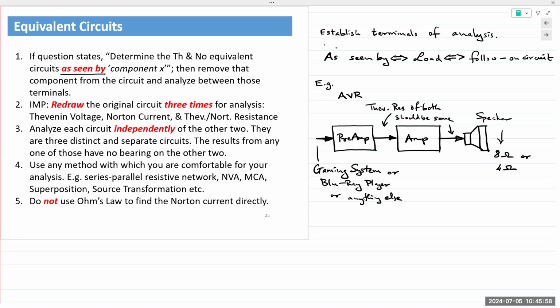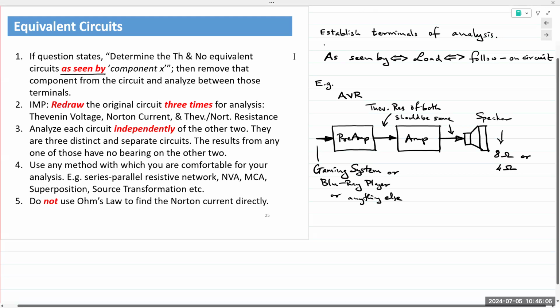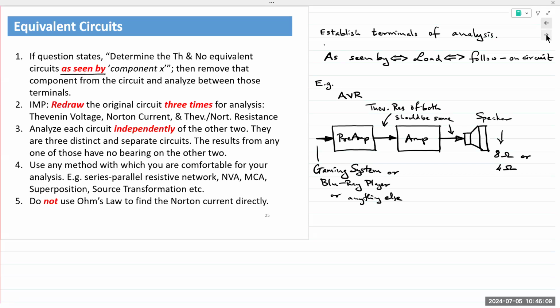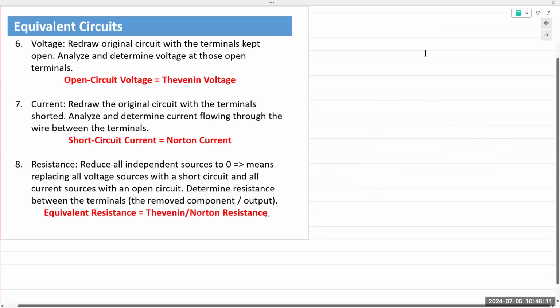Now, this is of course real life. Coming back to our theory, the way we determine the Thevenin resistance, I'll go to the next page and I'll come back to the first one. The way we determine Thevenin resistance is basically we find Req.